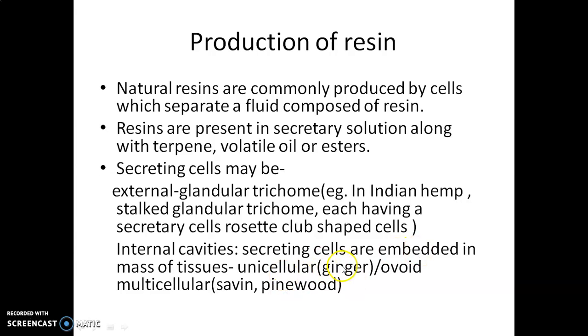For example, ginger rhizome consists of this type of unicellular internal cavities, or may be ovoid or multicellular, that may be internal gland like in clove, or tubular lined with secretory epithelium cells, spine root, and umbelliferous root.